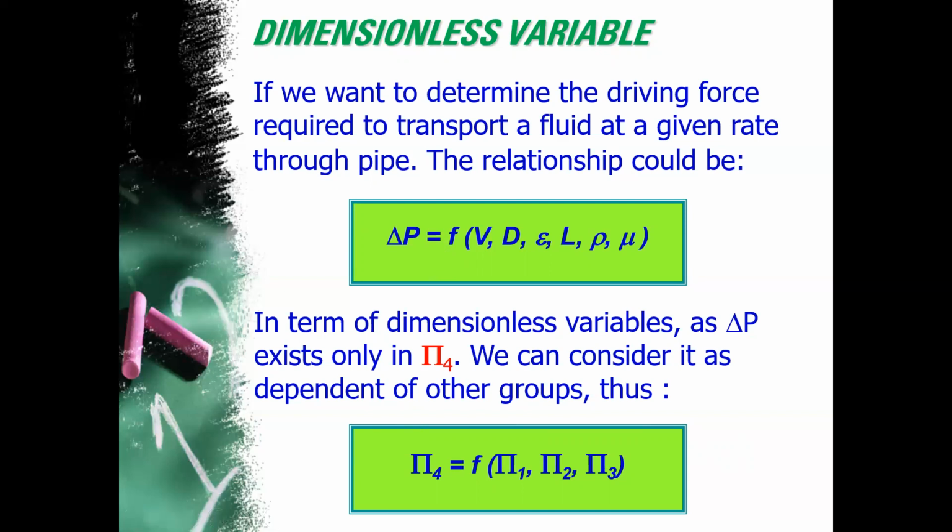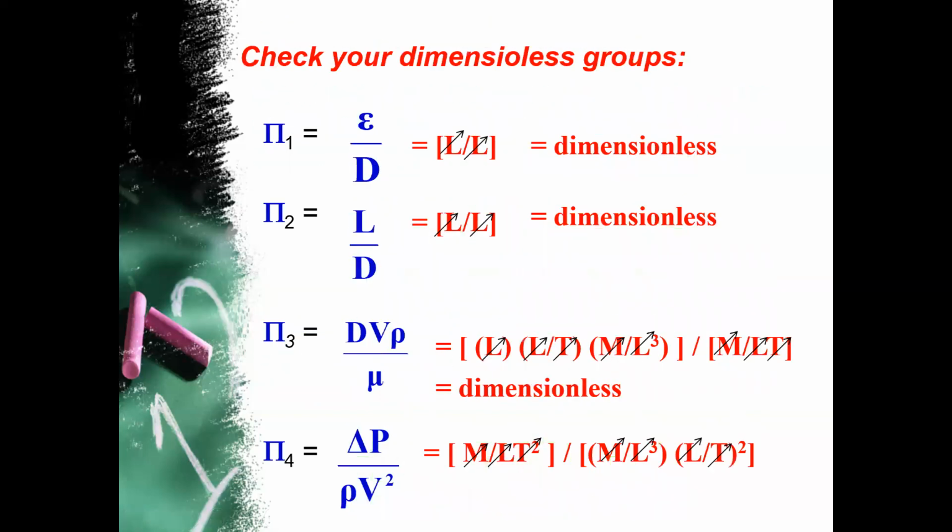So let's say if you want to determine the driving force required to transport a fluid. You go back to the one that you have here, and you try to identify which group will contain the driving force. So we have group 1, 2, 3, 4.